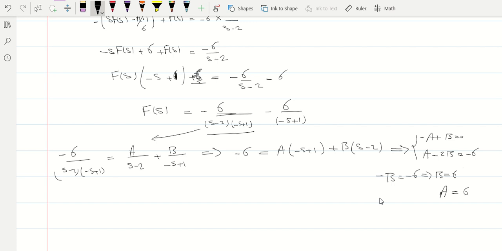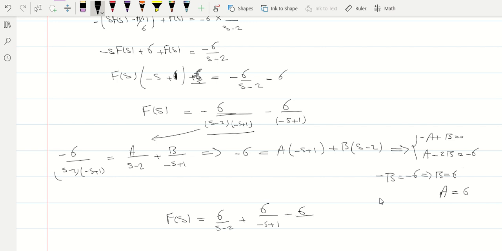So after finding the A and B values, I can rewrite my equation of F(s). F(s) would be equal to A over s minus 2, which was 6 over s minus 2, plus 6 over minus s plus 1. And I also had this term minus 6 over minus s plus 1 before the decomposition, right?